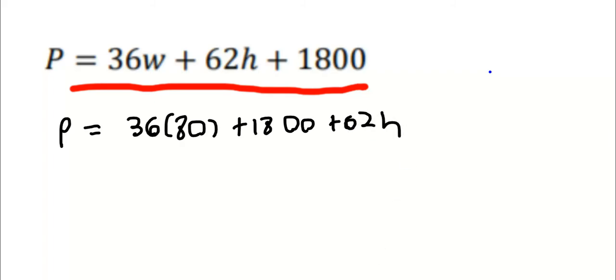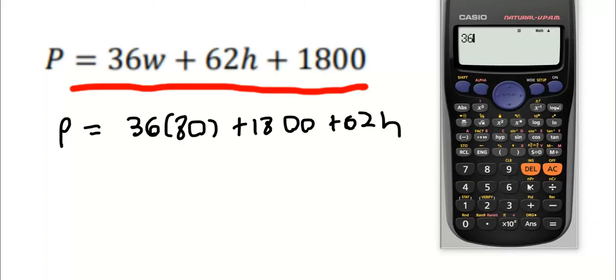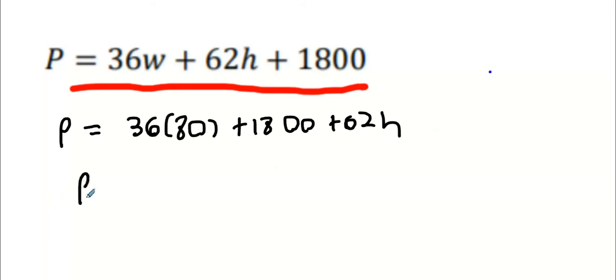So your power, 36 times 80 plus 1800, is 4680. So your p-value is 4680, and that's your 62h here.